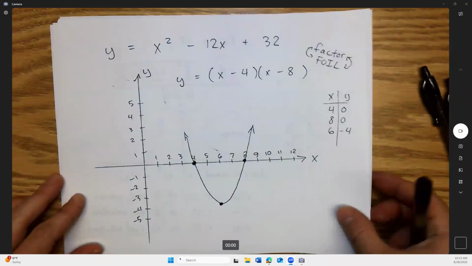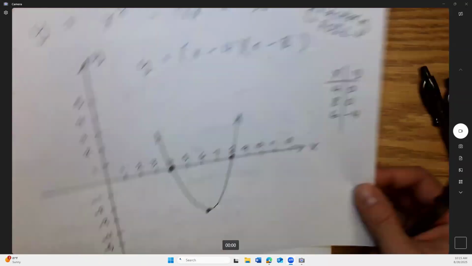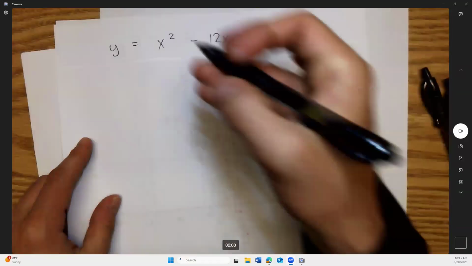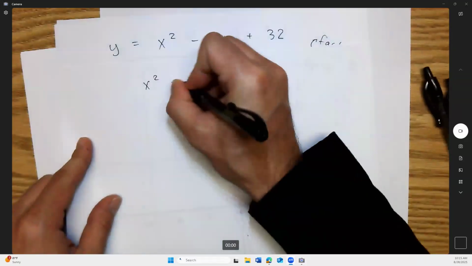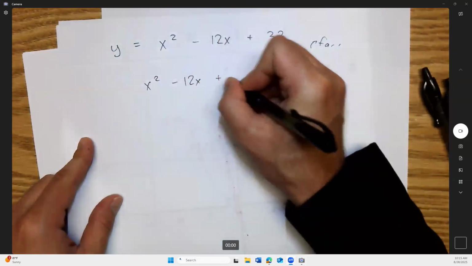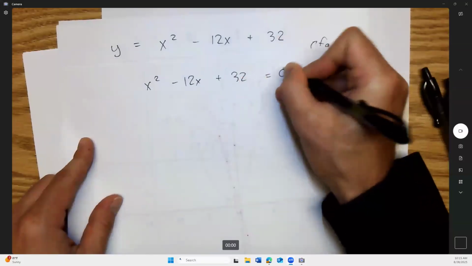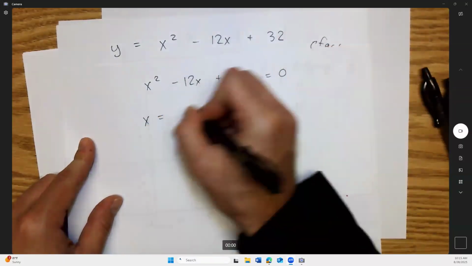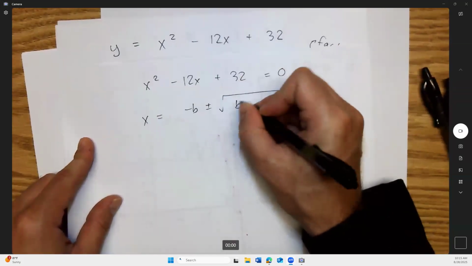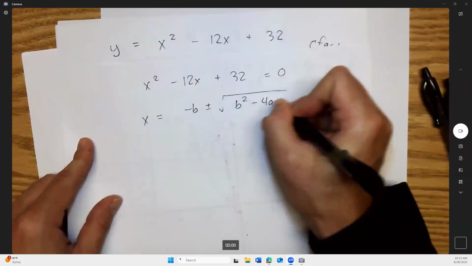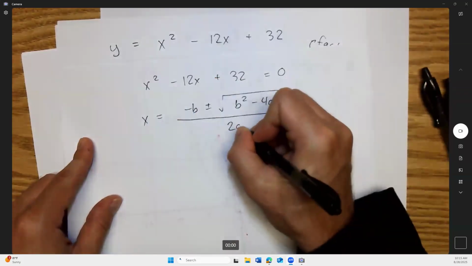All right. So what about in terms of the quadratic formula? How could that help? Go back up here. I could say x squared minus 12x plus 32, suppose it was equal to 0. I can say x equals, I'll spell it in terms of letters, -b plus or minus the square root of b squared minus 4ac, all divided by 2a.